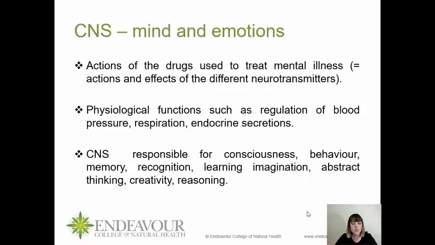All of those mind and emotion functions come back down to actions of neurons and the neurotransmitters they use to communicate with each other. So when there are problems within the mind and emotions, there are drugs that are able to treat some of the symptoms of those disorders.